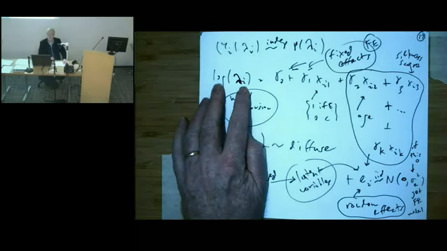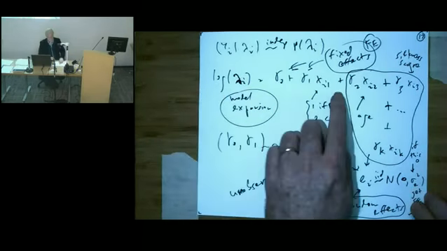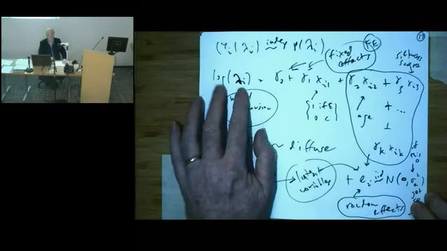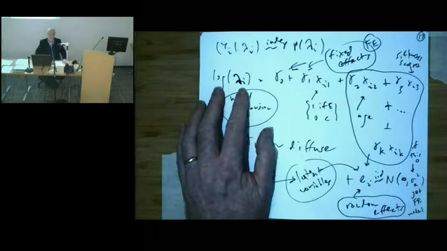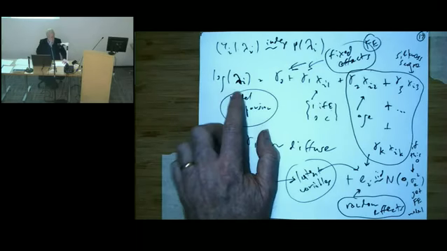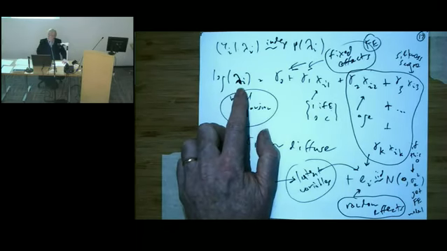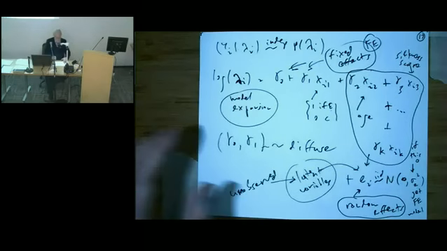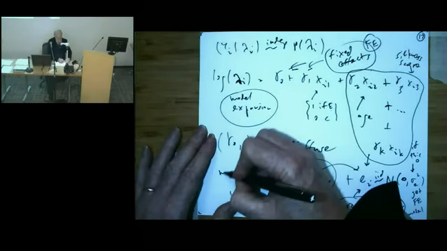What distribution do they now have? Because the errors are normal, and the gamma 0 plus gamma 1 x i1 is just a constant, what distribution do the log lambdas have? Normal. And therefore, what distribution do the lambdas have? Log normal.